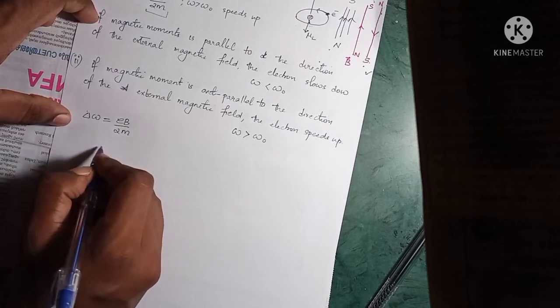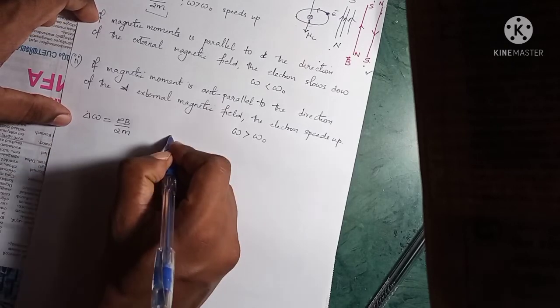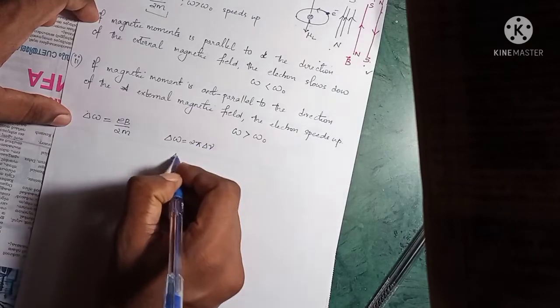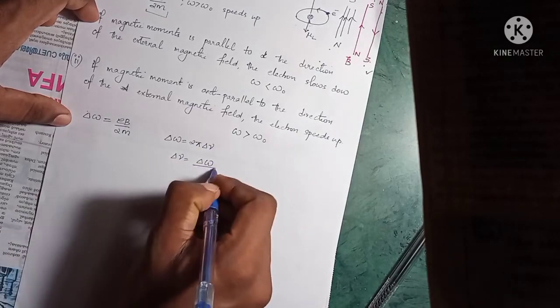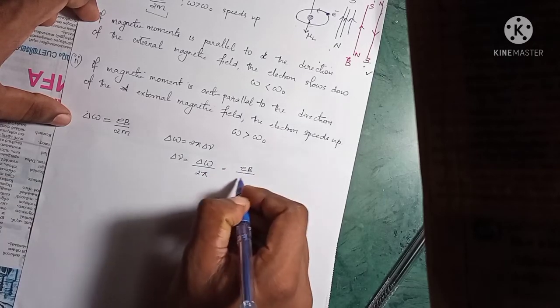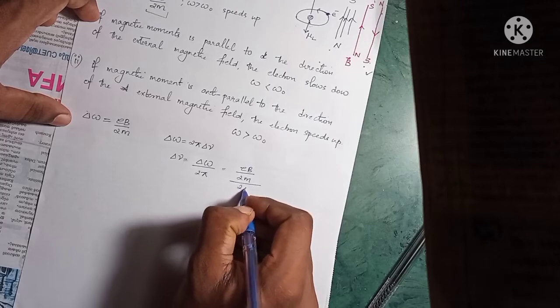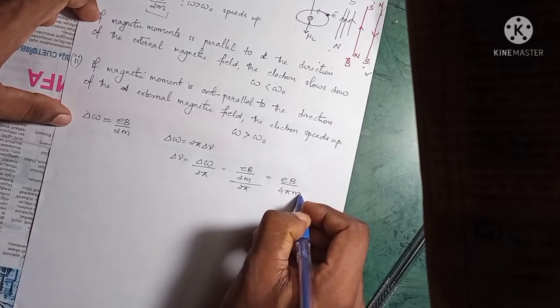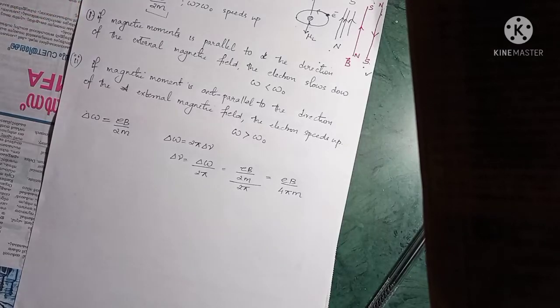The corresponding frequency can be obtained by the equation delta omega equals 2 pi delta nu, where delta nu equals delta omega upon 2 pi equals eB upon 2m upon 2 pi, which becomes eB upon 4 pi m. So this is the additional frequency by which the electron is slowed down or speeded up.